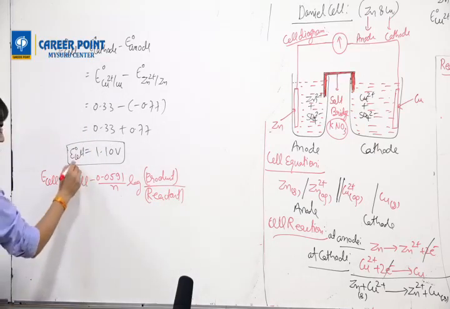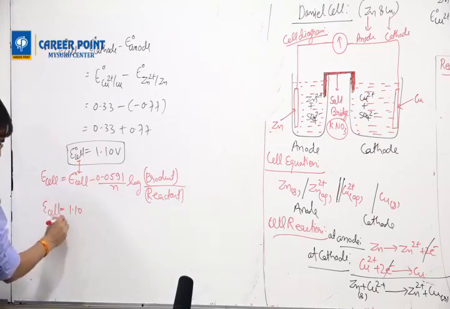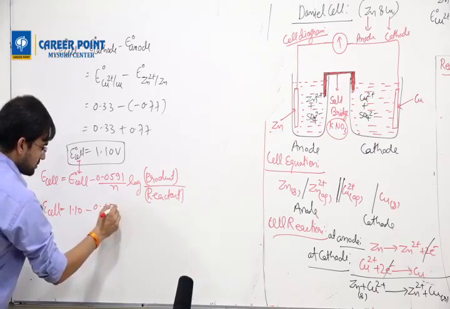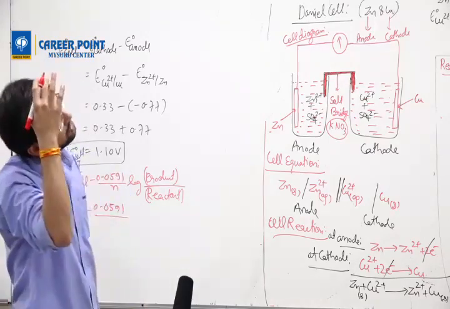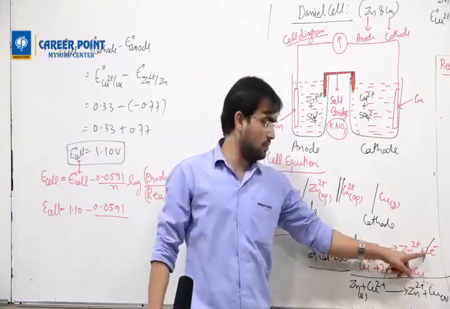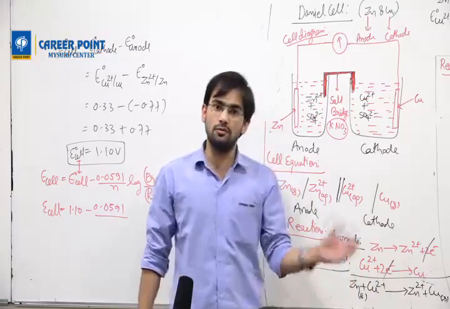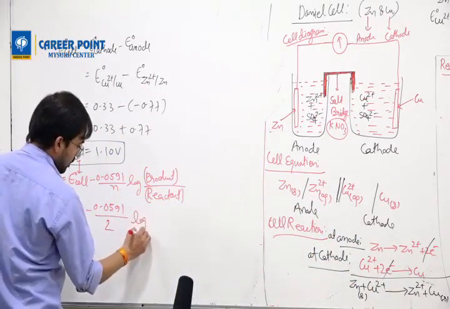E naught cell I have just calculated, I put that value. 0.0591 by n. N is the number of electrons lost or gained. If you look at this reaction, you will find that 2 electrons are lost, 2 electrons are gained, both are equal. So by 2 log of.